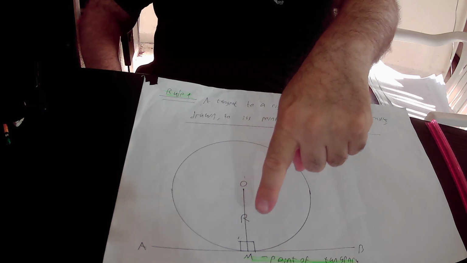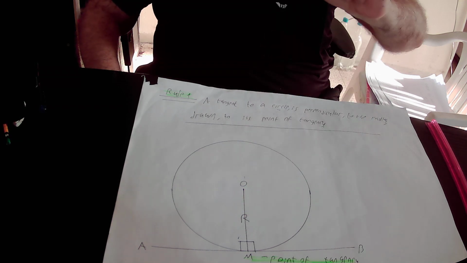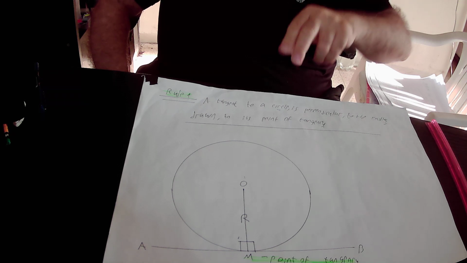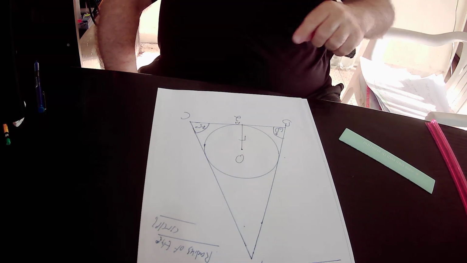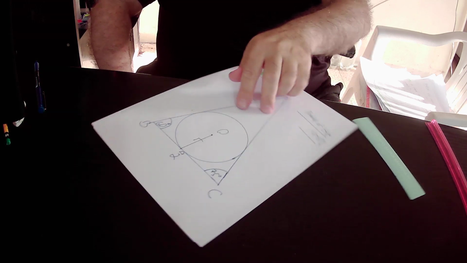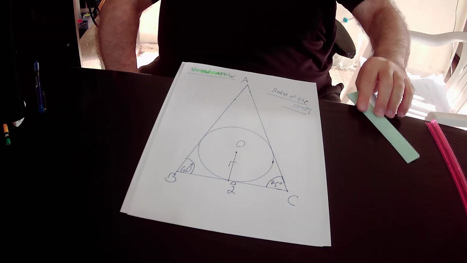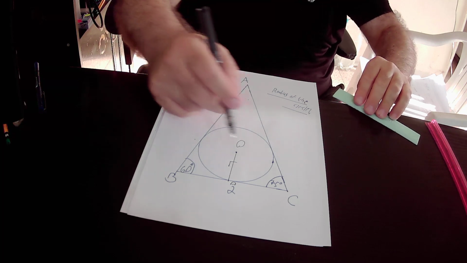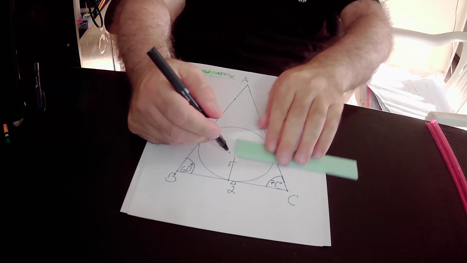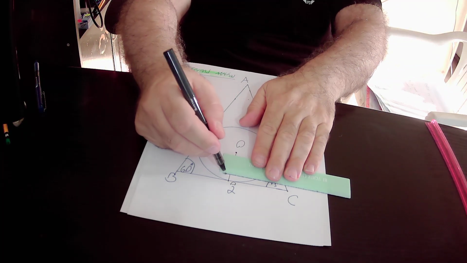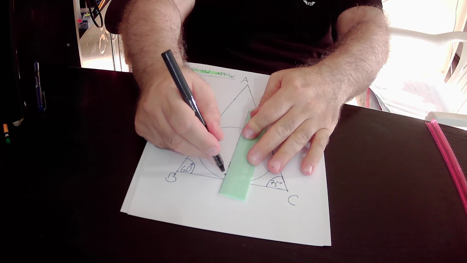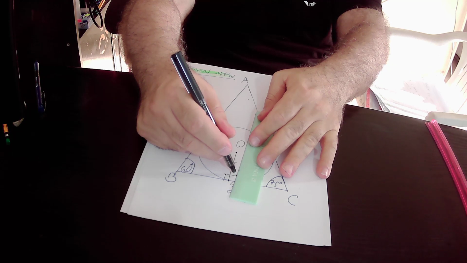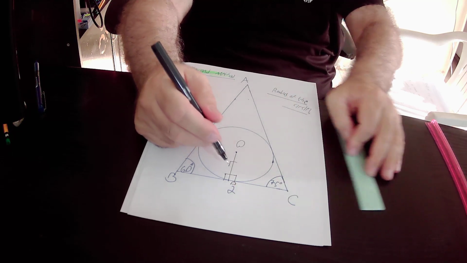That is to say, this angle will be equal to 90 degrees, and this angle also will be equal to 90 degrees, according to rule number 1. Here, the radius OD is drawn to point D, that is the point of tangency. Therefore, tangent BC will be perpendicular to the radius DO. If this is perpendicular to DO, it means that this angle equals 90 degrees, and this angle also equals 90 degrees, according to rule number 1.